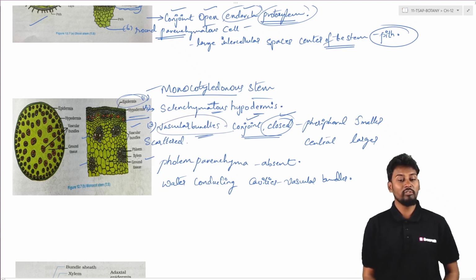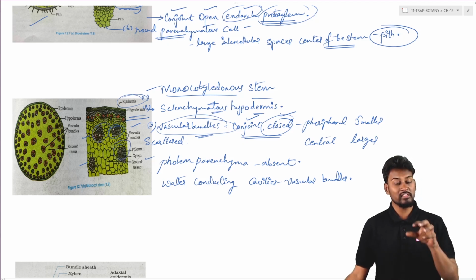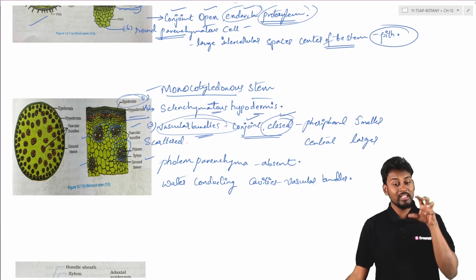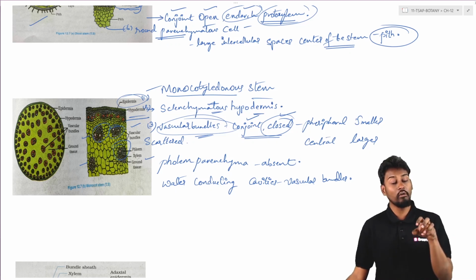In the monocot stem, the vascular bundles are scattered within the ground tissue, and each bundle consists of phloem and xylem together.